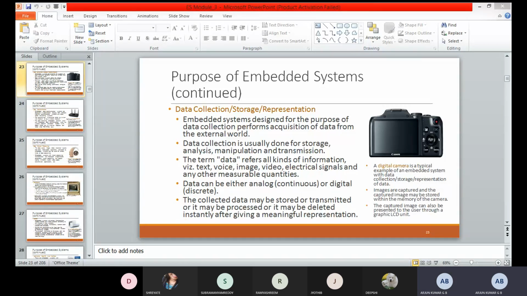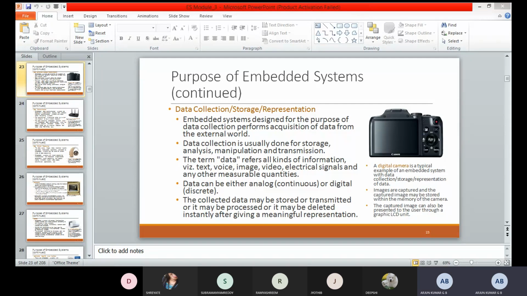And if the data is digital, these embedded systems directly capture the digital data.